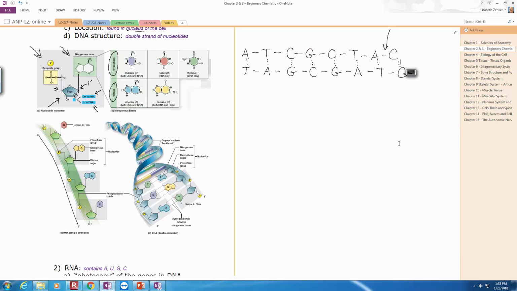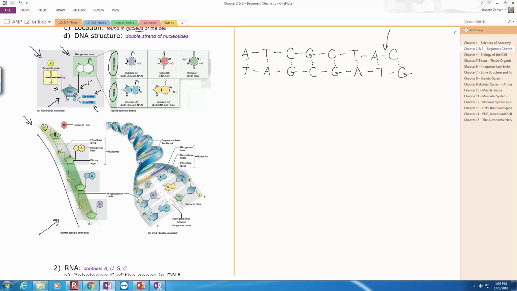Here is a picture of just RNA, so that's why it's single-stranded. It has the phosphate on the backbone side of the molecule, okay? And then it has the base pairs hanging off. So here is your ribose sugar, here's your phosphate group, and it's the ribose and the phosphate that make up the backbone of the RNA structure.